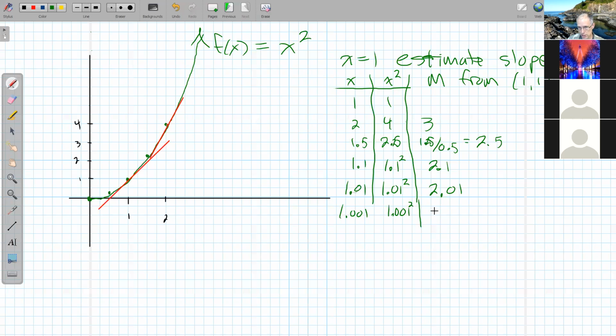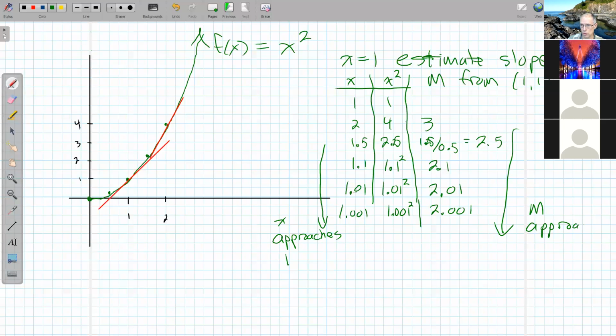So I'm starting to see a pattern here. As my x value approaches 1, it seems that the slope m seems to approach 2.